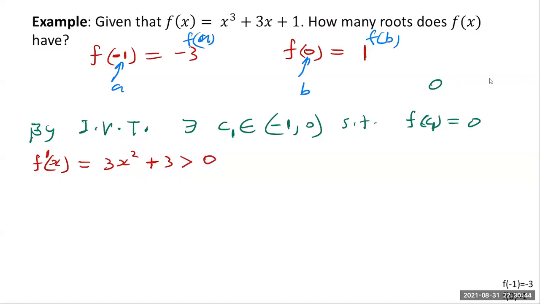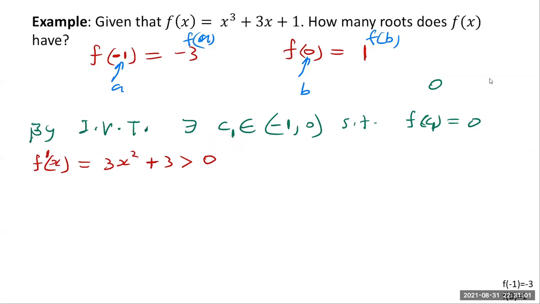With that observation, I am claiming that this is the only 0 that I can have for this function. How do I justify this? Well, if we have another 0 in addition to this one, let's obtain a contradiction.